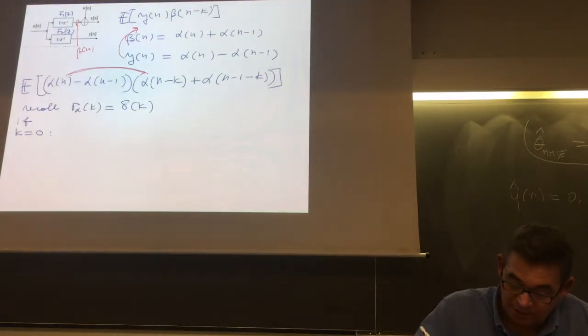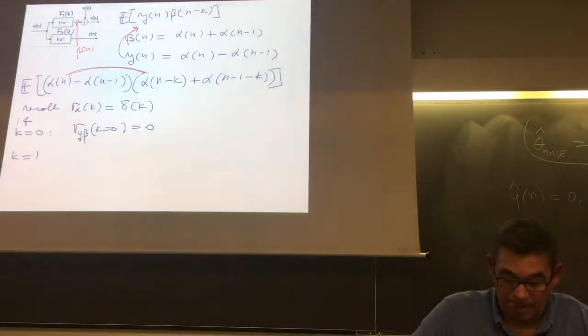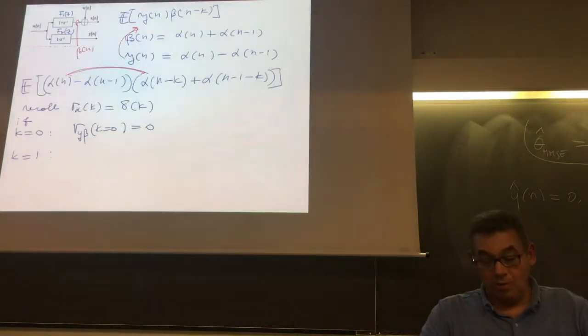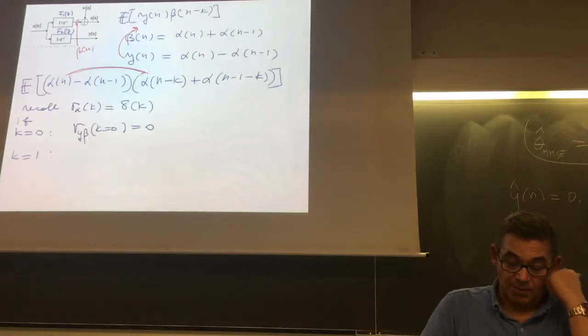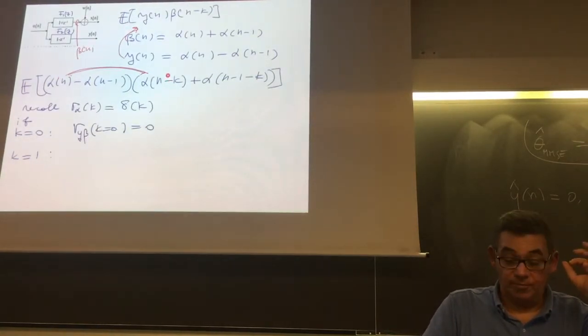So the result, y beta at k equals 0, is equal to 0. Now, if k equals 1, let's do the same. I have alpha n with alpha n minus 1, 0.